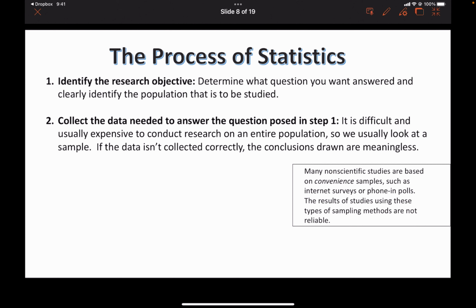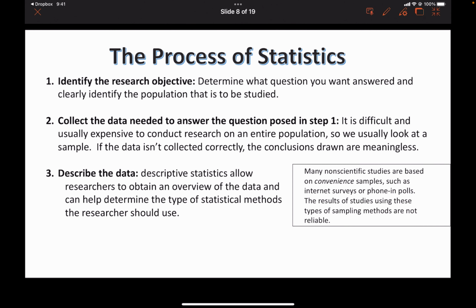Most people are not going to call in. Maybe a few bored people, but most people are not. So usually it's going to be the people who have some super strong feelings about it. So that's why phone-in polls are not reliable.